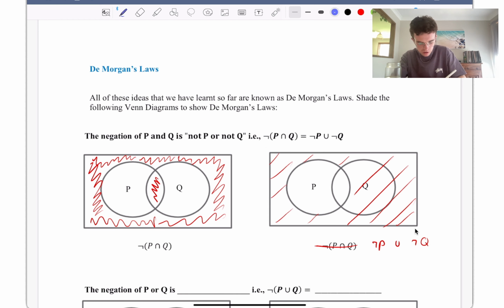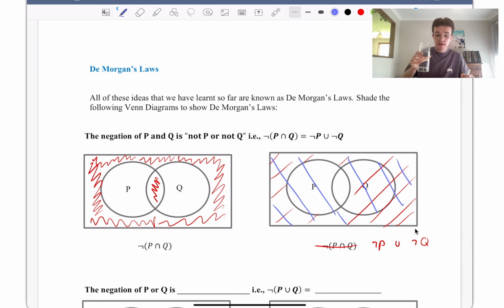And not Q would be all of this here. So not P or not Q is really everything apart from the center of that graph.